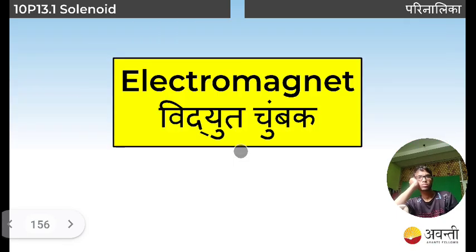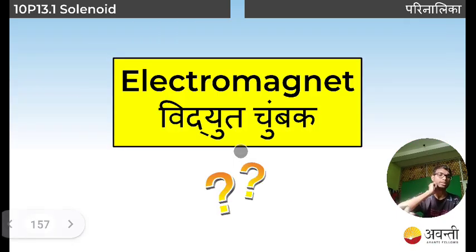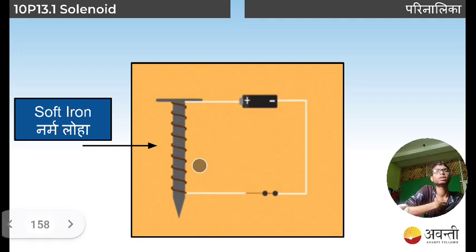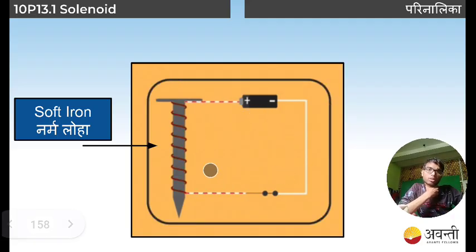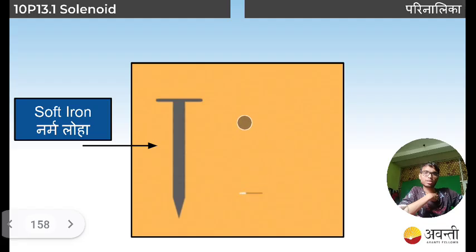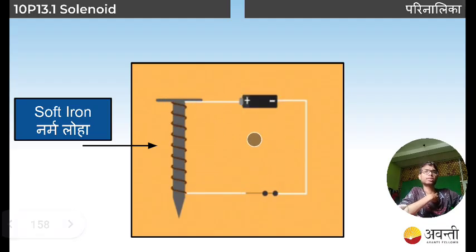Electromagnet. We have soft iron, and we wrapped a wire around this object. Then we used this cell here, rather than using a bulb. Now in this case, what will happen? This will gain a magnetic field. That's it.